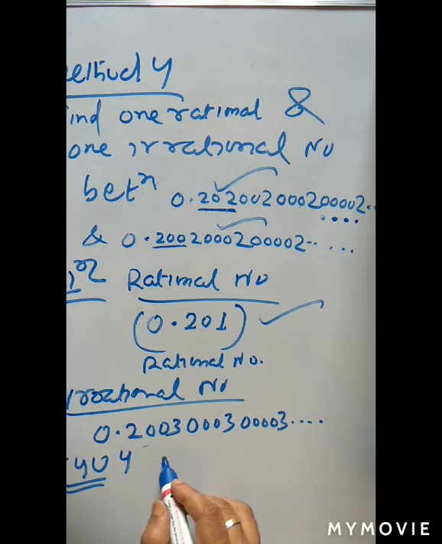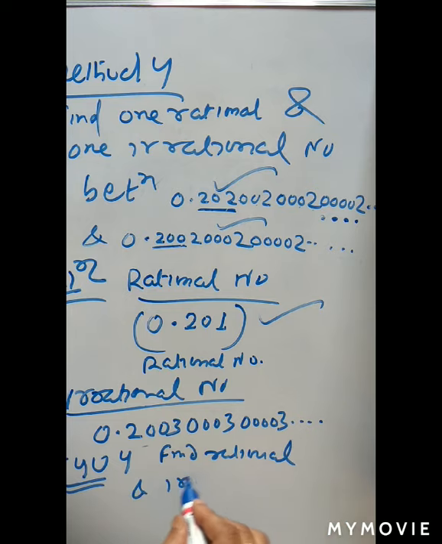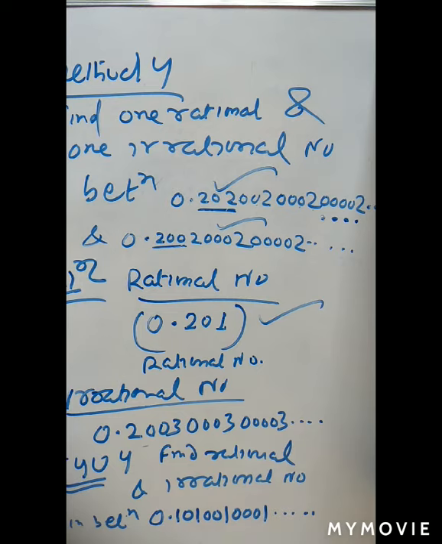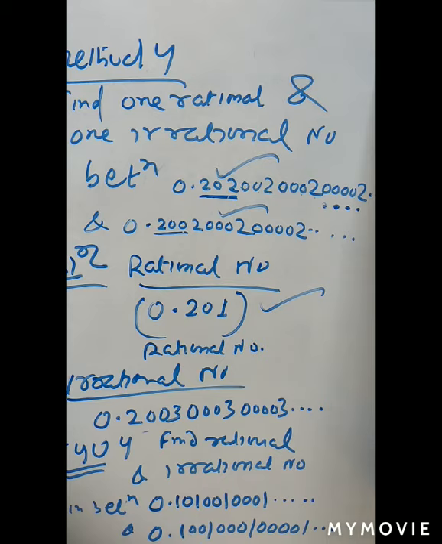You have to find the same question: find a rational and an irrational number between 0.101001001... and the second number 0.1001001 0001... So this is for your practice. Try at your home.